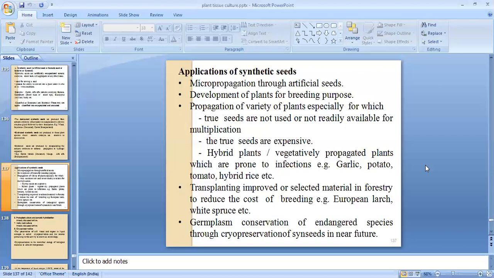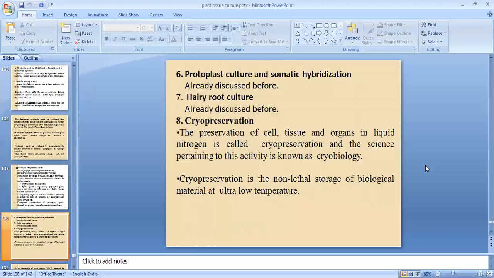In that condition, synthetic seeds of those varieties can be made and transplanted into the forest areas. And the conservation of germplasm of endangered species can be done. So these are all the applications of synthetic seeds.